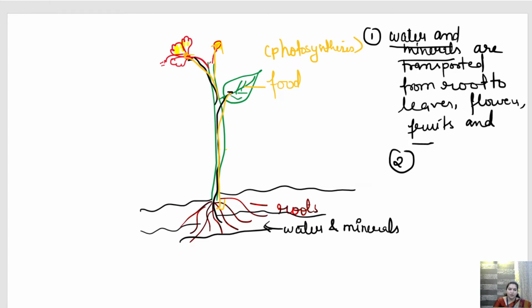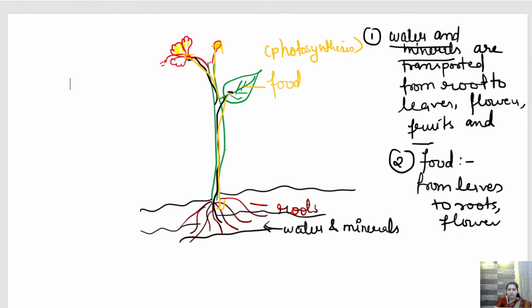So the second point is: food will be transported from leaves to roots, flowers, fruits and other parts of the body. Getting it? So this is the answer.